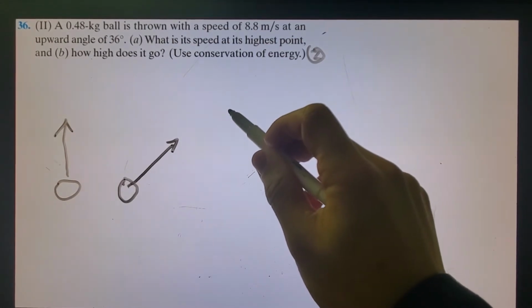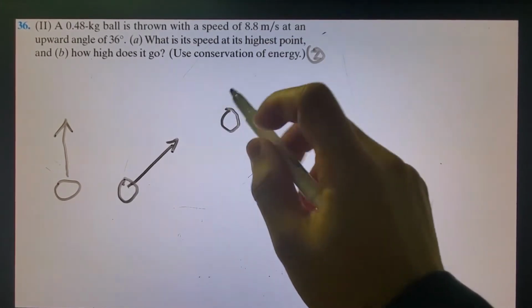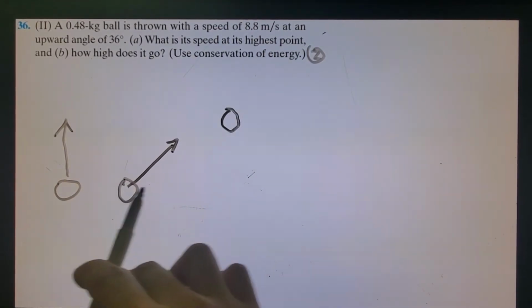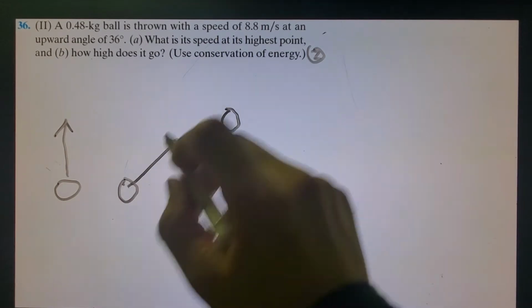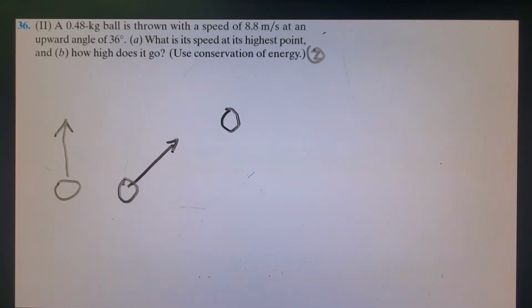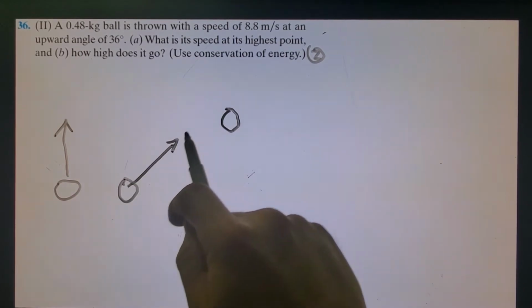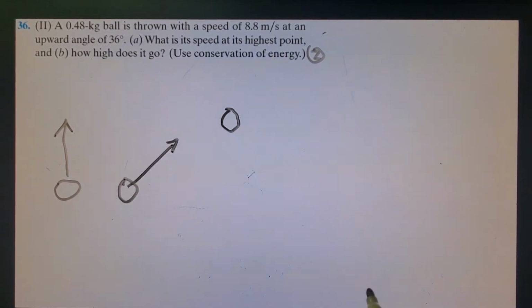It will not stop. It will stop in the y direction, but it has two components, both the x component and the y component. So it will keep moving at a constant velocity in the x direction.